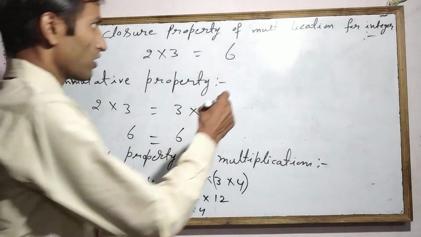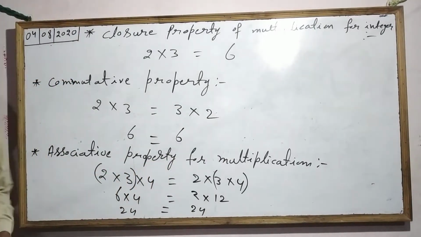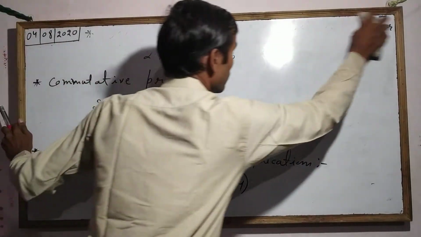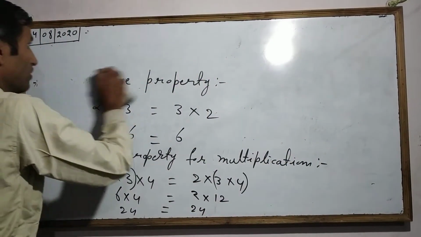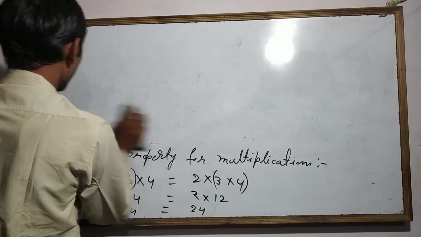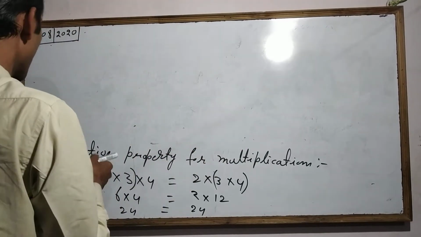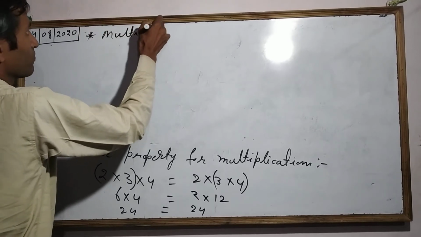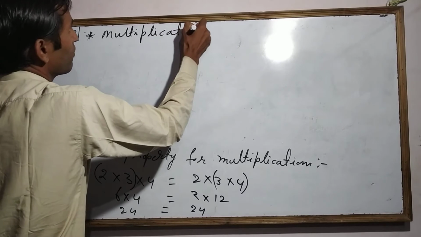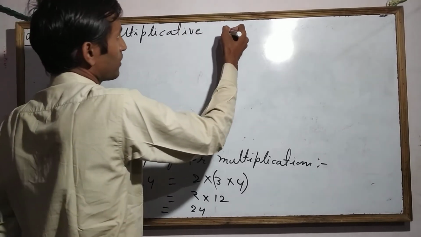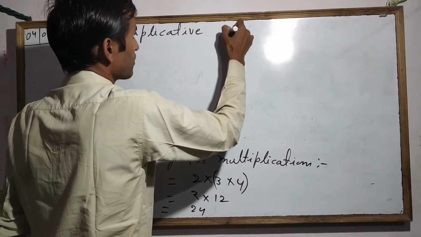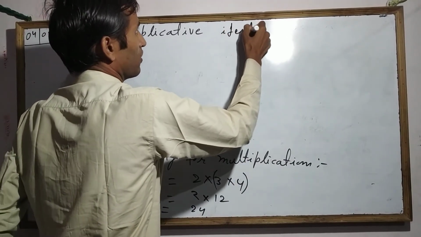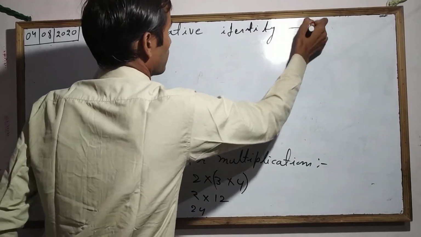Now our next property is multiplicative identity. Multiplicative identity means what we multiply with any integer so that the identity never changes.